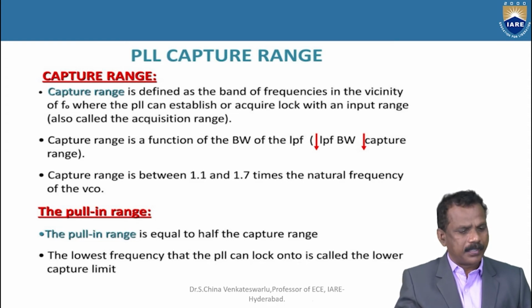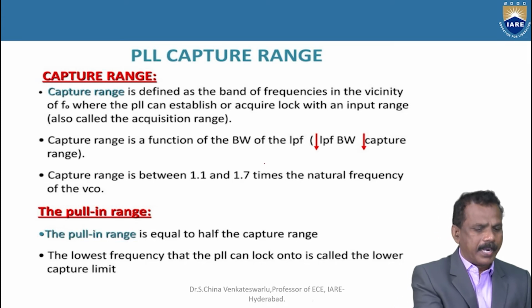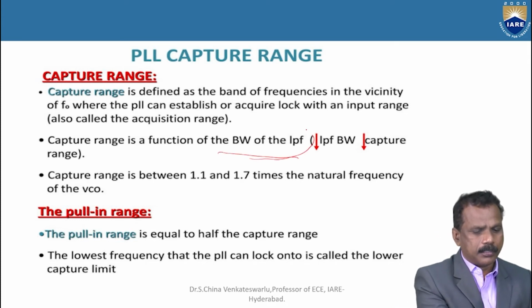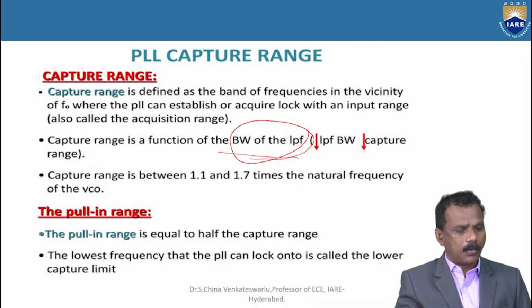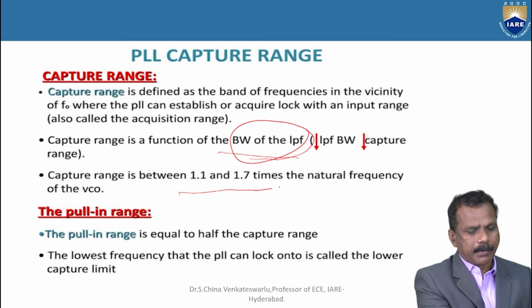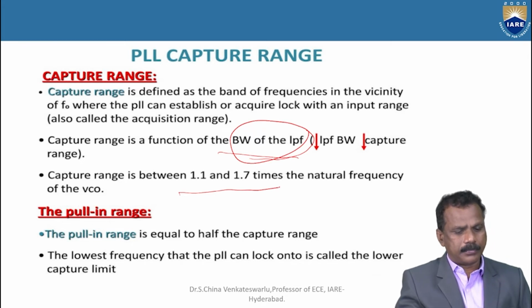The capture range is a function of the bandwidth of the low pass filter. Reducing the bandwidth reduces the capture range. The capture range is between 1.1 and 1.7 times the natural frequency of the voltage controlled oscillator.